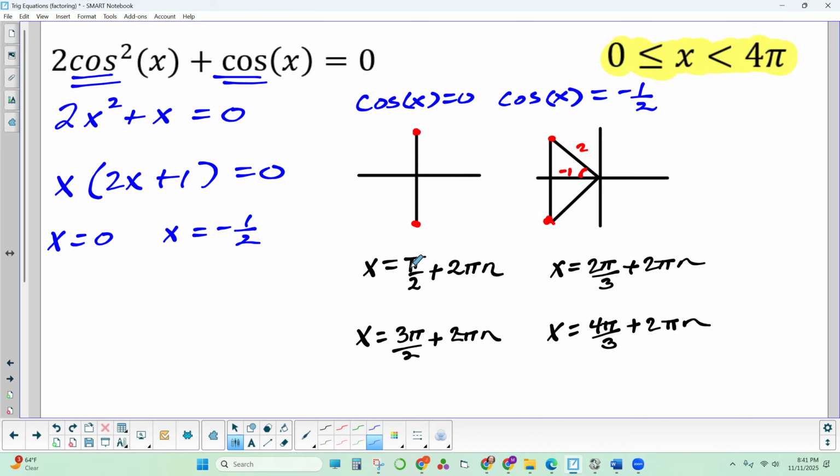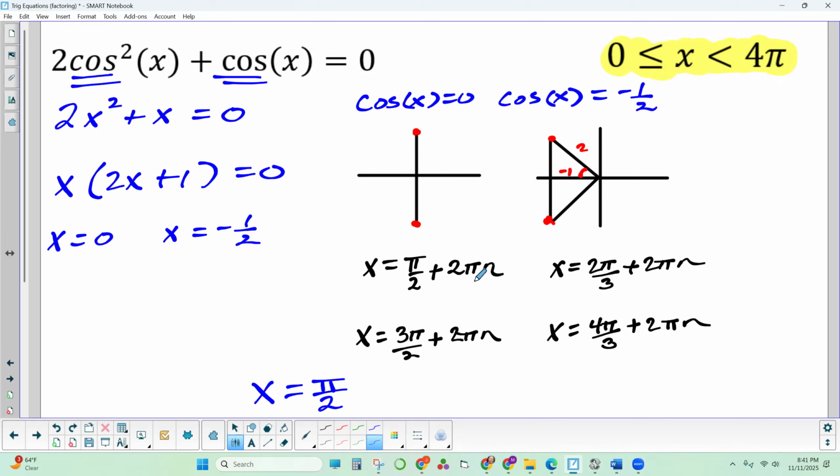So we'll start with x equals pi over 2. And pi over 2 does lie in the interval that we're solving. Now, if I subtract 2 pi, that is going to take me out of the interval, into the negative angles, and I don't want negative angles. I want 0 to 4 pi.